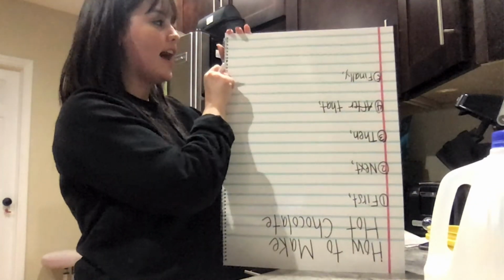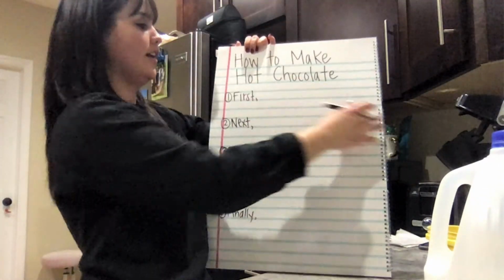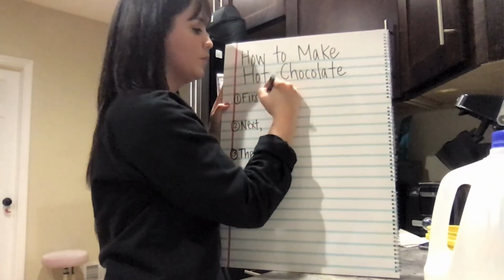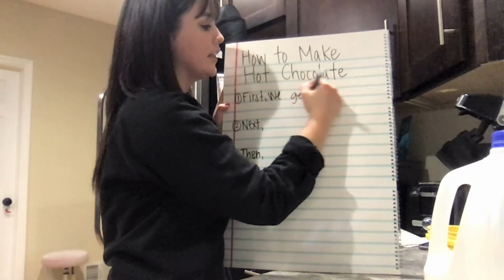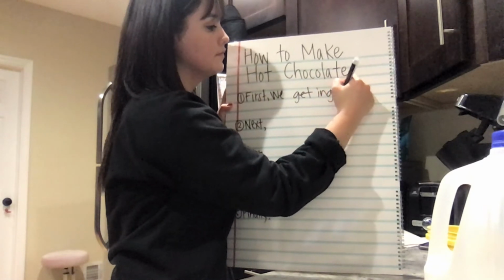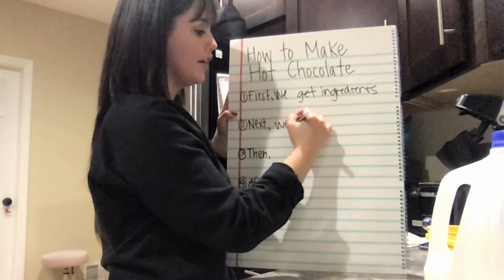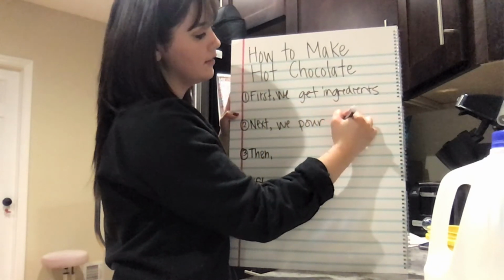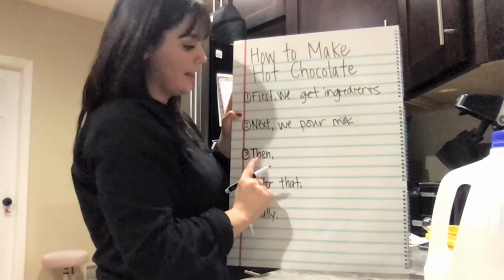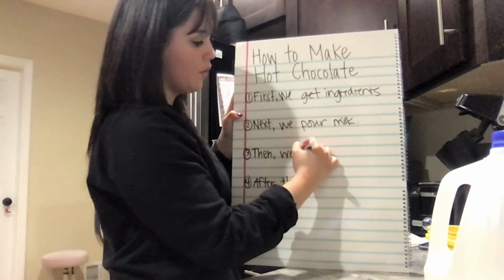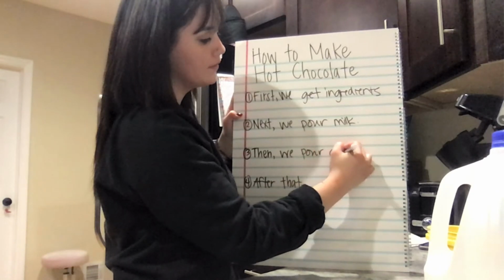Let's sequence our hot chocolate again while it's in the microwave. First, we get ingredients. Next, we pour milk. Then we pour chocolate.